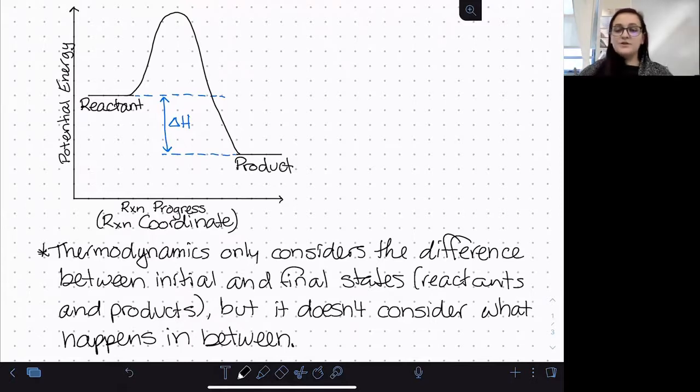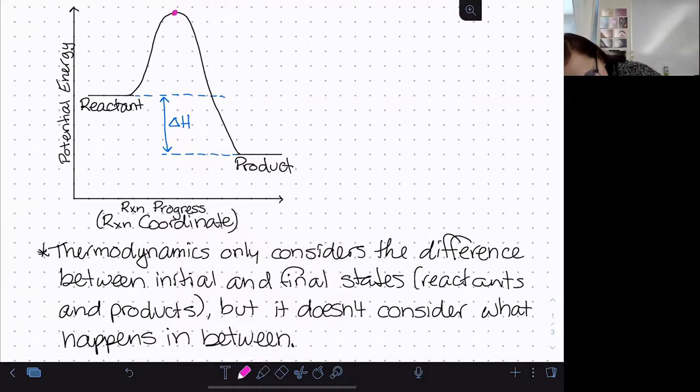So our energy always goes up to some maximum that is higher than both our reactants and our products, regardless of how those energies are related. There's always a higher maximum in between, and then it comes back down. So we've always got this energetic hill in between our reactants and products that our reaction has to get up and over. So on this diagram, there are a few important points to talk about.